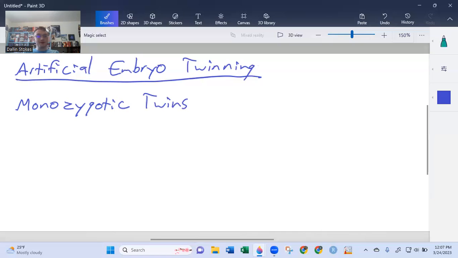The reason is that identical twins are two twins that are born at the same time, and they're 100% genetically identical. They are exact genetic replicas of each other. Essentially, they're clones of each other, which we'll come back to in a minute.